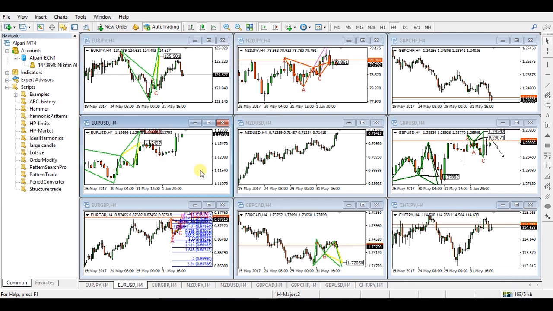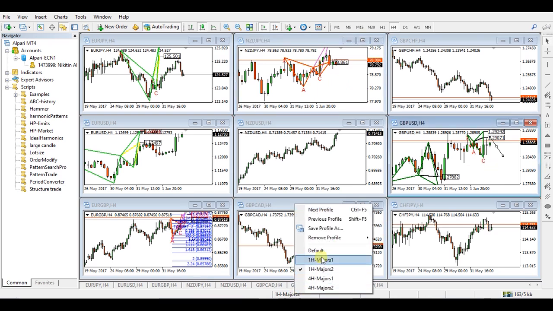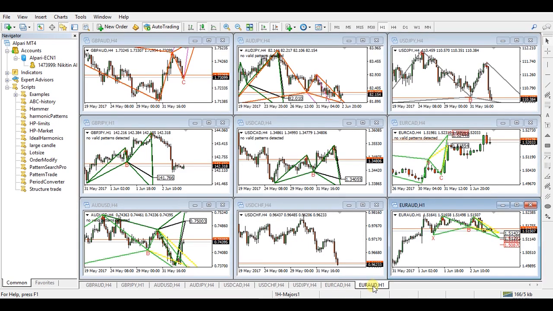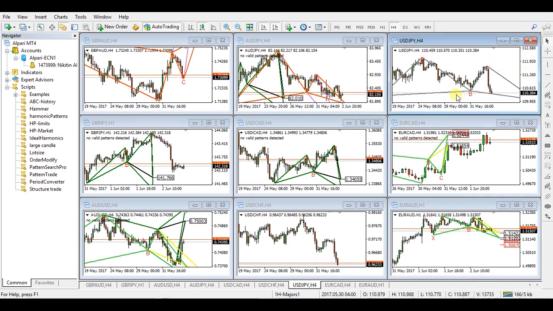Euro yen, euro dollar, euro GBP, pound Canadian, New Zealand yen, pound dollar, and let me switch to my first set. Even more, pound Aussie, pound yen, Australian dollar, Aussie yen, dollar Canadian, euro Canadian, dollar yen, and euro Aussie.